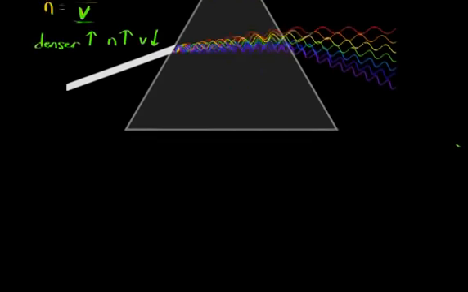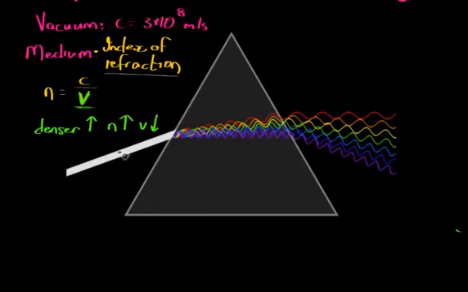Why does light refract? In other words, first of all, why do the frequencies bend? And second of all, why do the higher frequencies, the shorter wavelengths, bend more than the larger wavelengths?